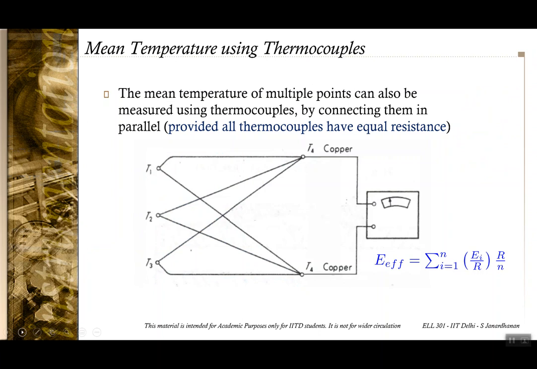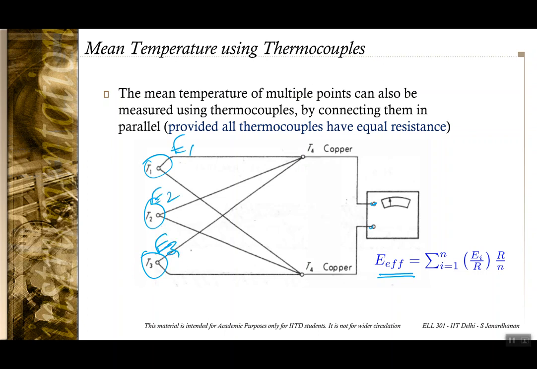Now if we assume that all these three thermocouples, all these junctions, all these metal strips have the same resistance, then the effective EMF produced across this parallel combination is going to be indicative of the average temperature, because the EMF would be the average EMF of E1, E2 and E3.